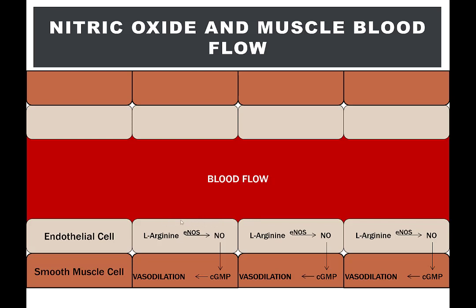This increased friction due to the increased blood flow through the arterial vessels surrounding active muscles is called shear stress, S-H-E-A-R, stress. Again, the increased blood flow through the initial sympatholysis and dilation of these arterial vessels surrounding active muscles causes shear stress along the inner endothelial wall.